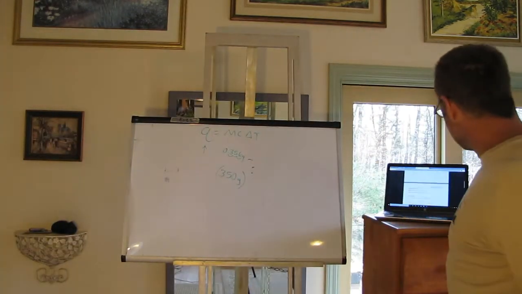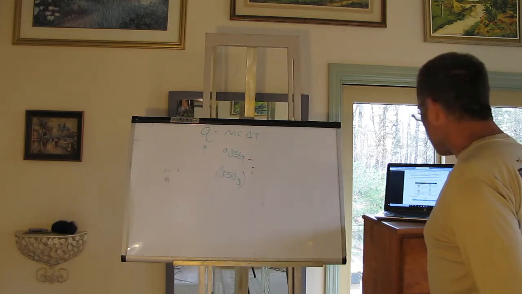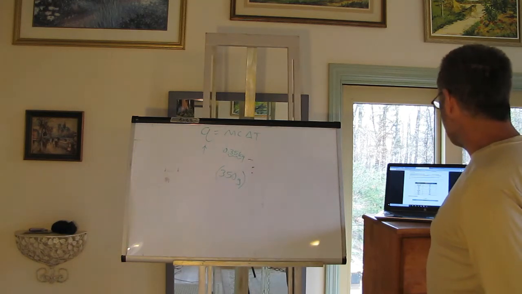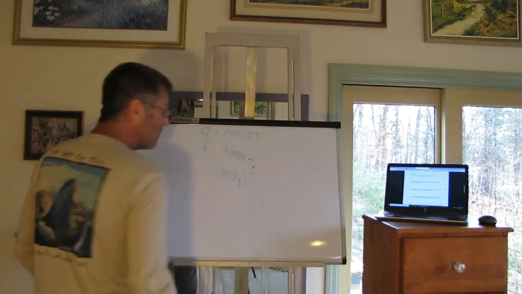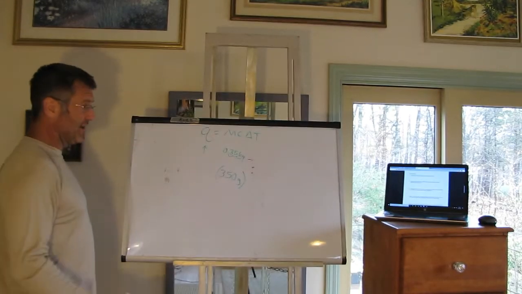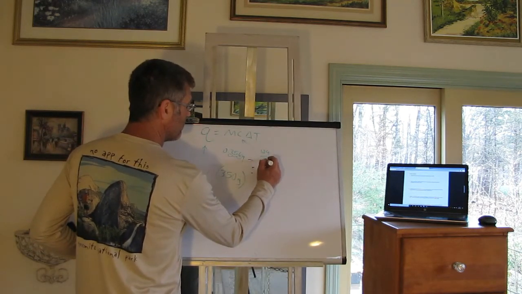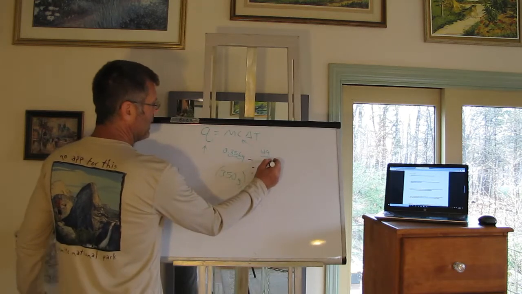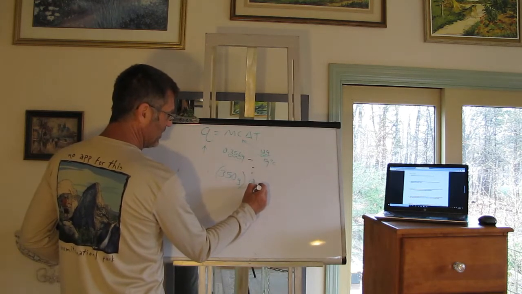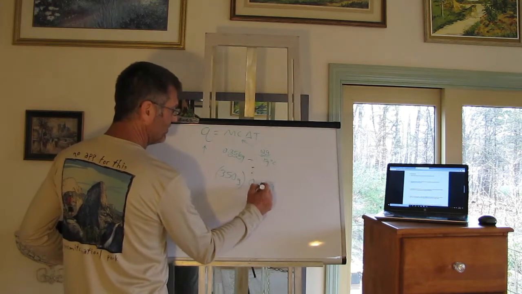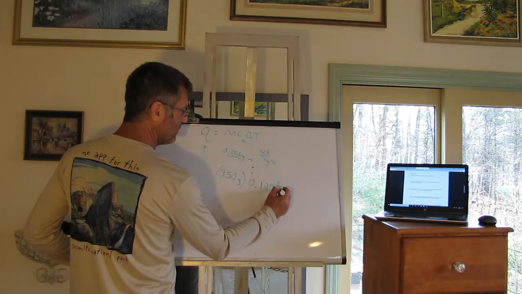On this specific heat note sheet, it says gold is 129. But that is per kilogram, so I have to move it over again. I need to go 1, 2, 3, so the actual specific heat is 0.129 joule per gram degrees C.